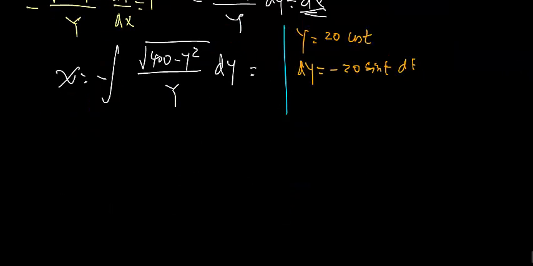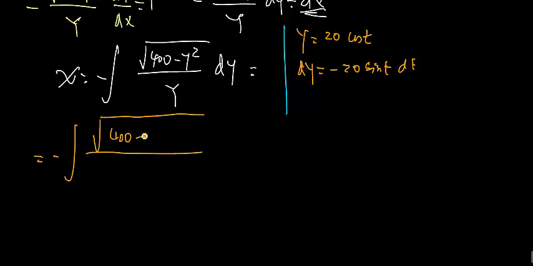So now by substitution, where I have y, I must put 20 times cosine of t, so I will get minus the integral of the square root of 400 minus, I must square this over here.